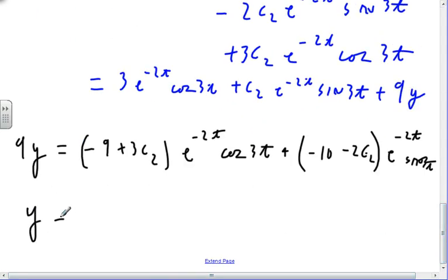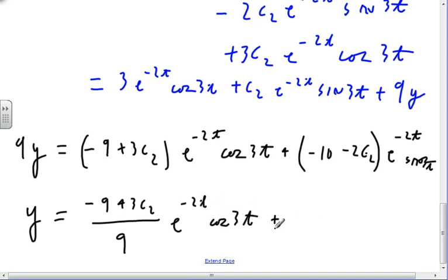Then y is going to equal all these things divided by 9. Minus 9 plus 3c2 over 9 e to the minus 2t cosine 3t plus minus 10 minus 2c2 over 9 e to the minus 2t sine 3t.